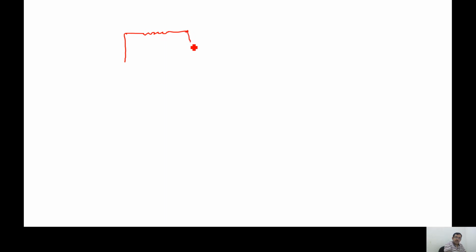Once I put the nomenclature, you will get it. There is a resistor here, and a resistor here. It's a simple combination of series and parallel. And this is my open terminal A.